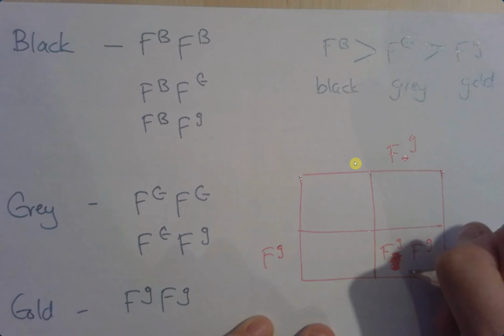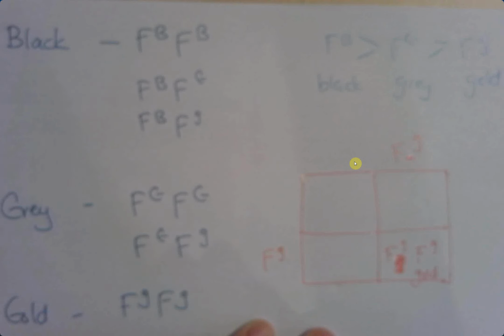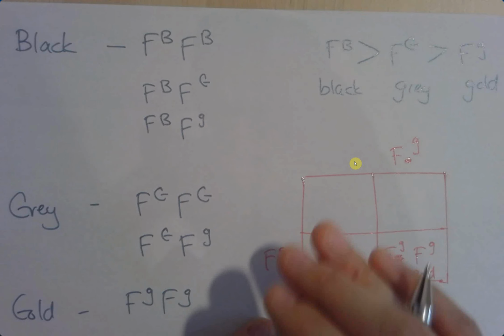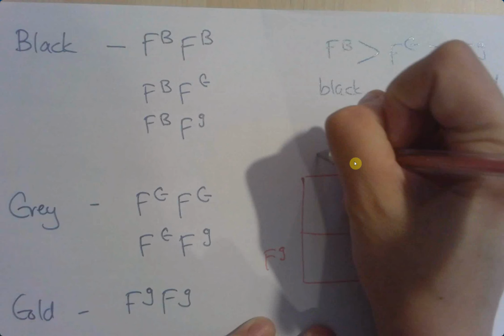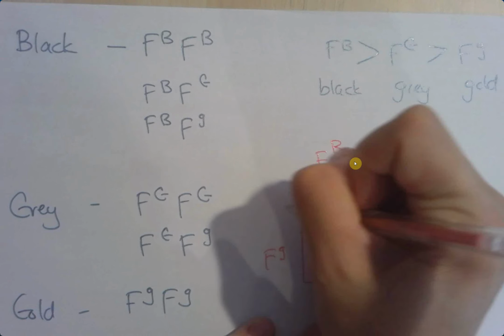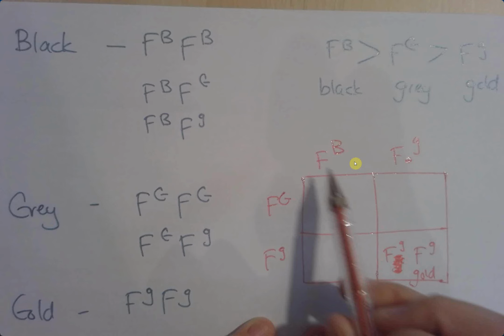And then that one's going to be my gold colored one. Then I need to do the other 2. So if this was a normal, just 2 alleles, all these would be the dominant trait. But I want this weird multiple alleles. So I have a heterozygous black and I have a heterozygous gray.